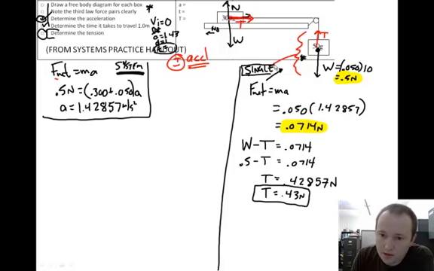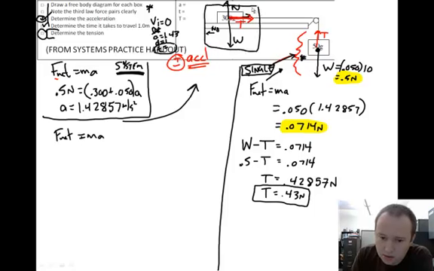Now you're probably asking yourself, how do I know which one to use? Well, we just chose that one arbitrarily. So now we're going to try the other one. I'm going to do it for this guy here. F net equals ma. If you look at this top diagram up here, what's the F net? Normal and weight cancel, so my F net is my tension.